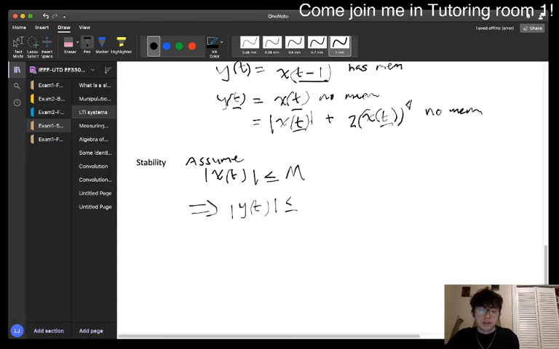It's going to be less than some number. This can be any number as long as it's finite. As long as it's not infinity, basically.